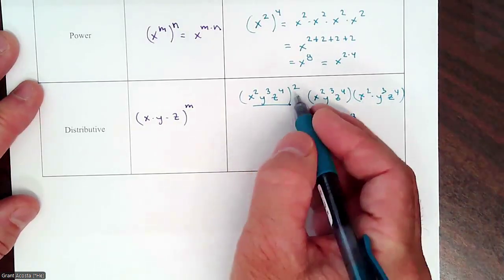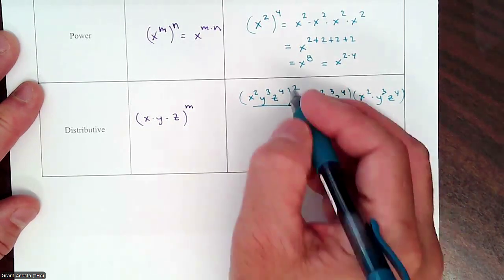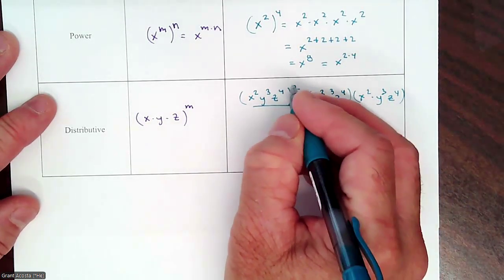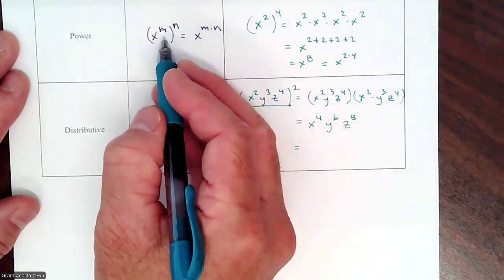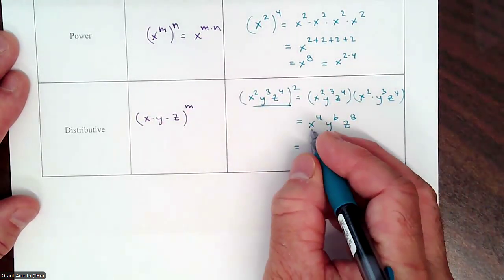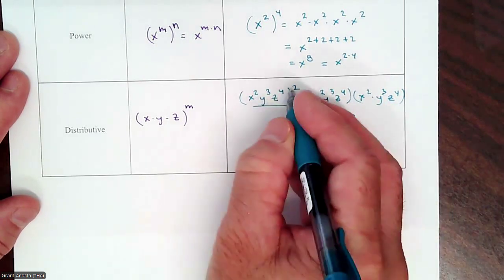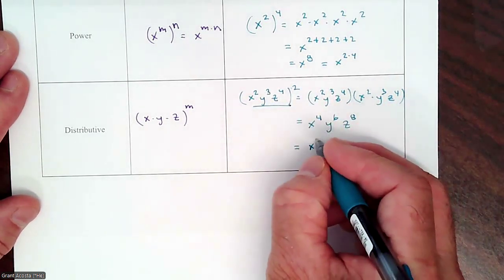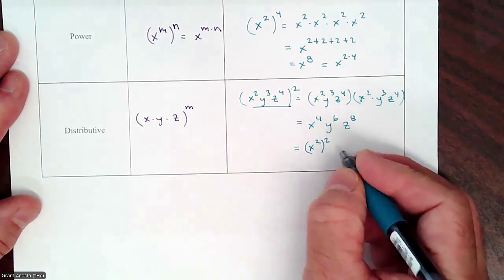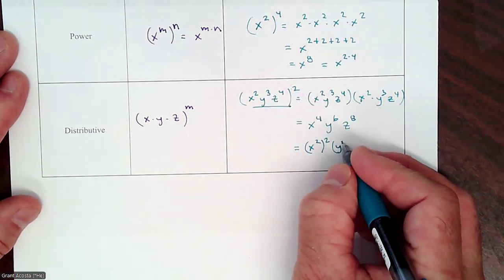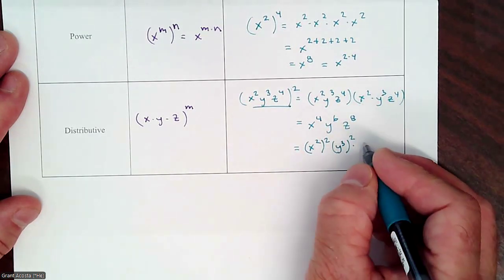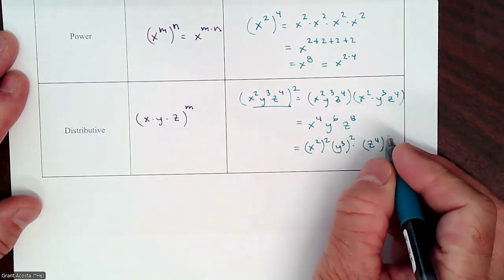And if we think about how we could have gotten this answer more directly, or if this power is bigger than 2 and I didn't want to multiply it out, I'm basically using the power rule for each one of these. This x to the fourth can be thought of as distributing the squared to the x squared squared. Same thing with the y cubed squared, and then times z to the fourth squared.